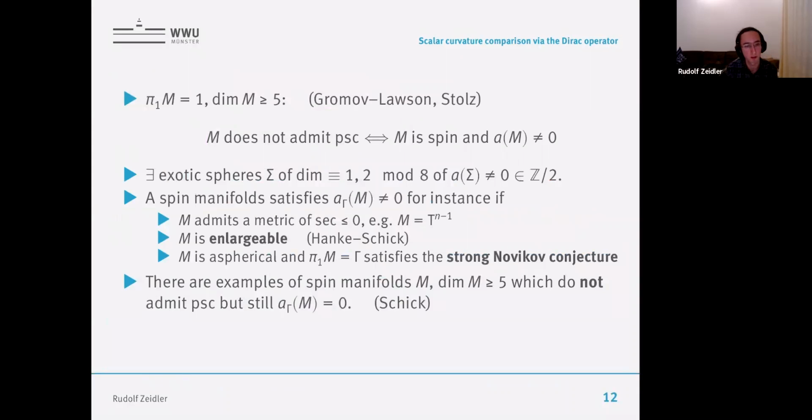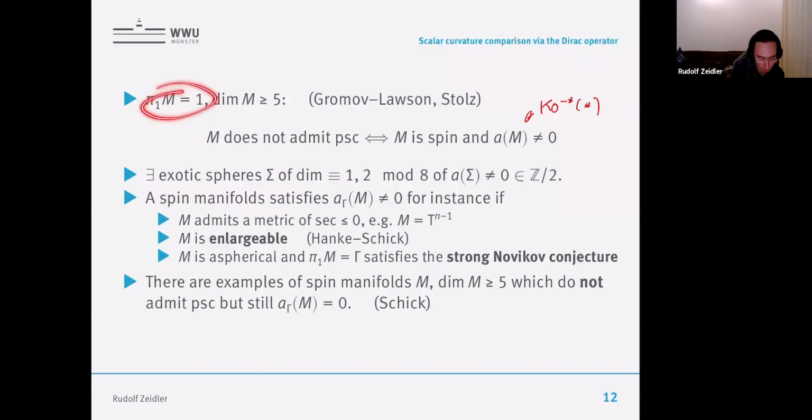Maybe just some examples to know what these invariants can do. For instance, in the simply connected case, this Hitchin invariant here is actually enough to completely classify the positive scalar curvature existence problem in high dimensions. If you combine the results of Gromov and Lawson and Stolz, it follows that starting from dimension 5, M does not admit a positive scalar curvature metric if and only if M is spin and the alpha invariant, the KO version of this alpha invariant, is non-zero.